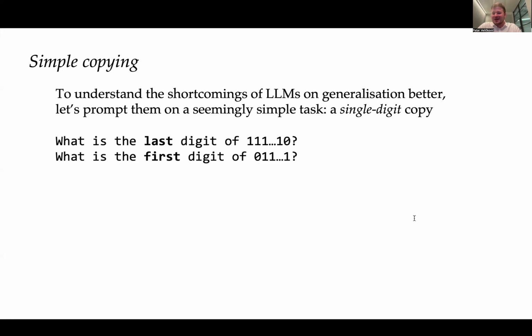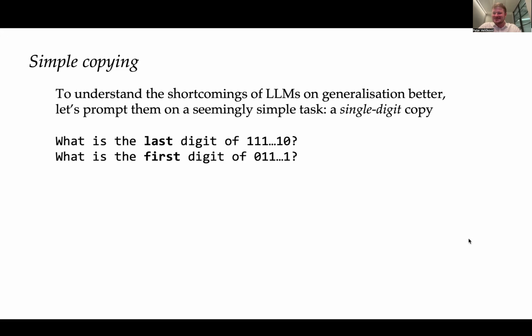Okay. And actually, lots of comments pouring in. Last. Okay. Comparatively, if you think that the first digit should be easier, please write first in the chat. I'm going to give you a little bit of time. And once again, do not answer this question if you've already seen the paper.